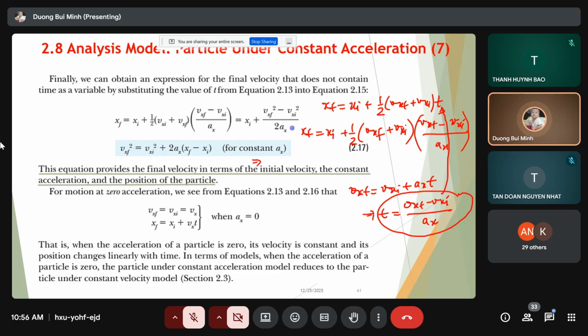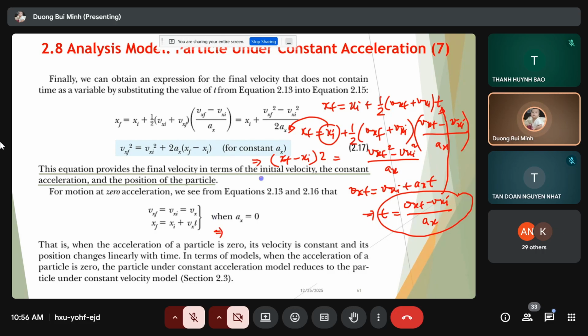If I move xi here, I can get xf minus xi, right? I move this one to the left side, and then I times 2. So here I get Vxf plus Vxi, here is Vxf minus Vxi. So you get Vxf squared minus Vxi squared. Just the knowledge of high school, right? And divided by ax.